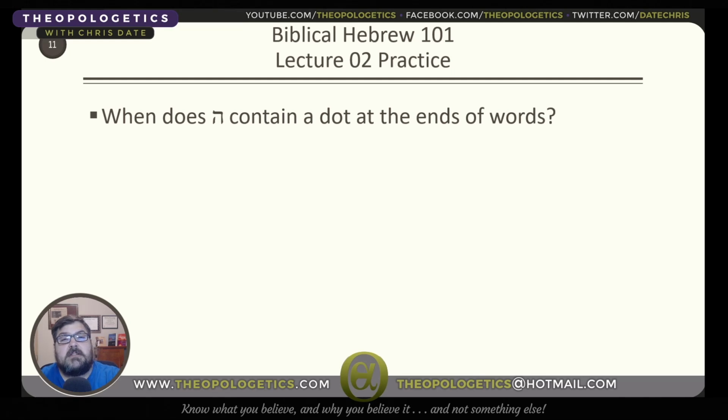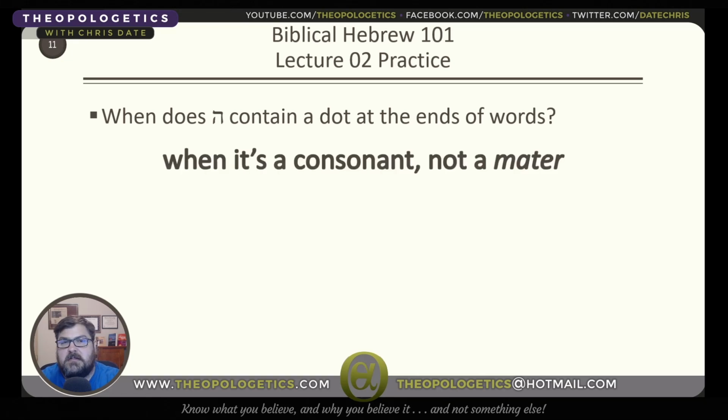Now, I mentioned that at the end of words, the hey will sometimes have a dot. So the question is, when does the hey at the end of a word contain a dot? And the answer is when it's a consonant, not a mater. So you remember there are a few matres lectionis that use the hey, right?